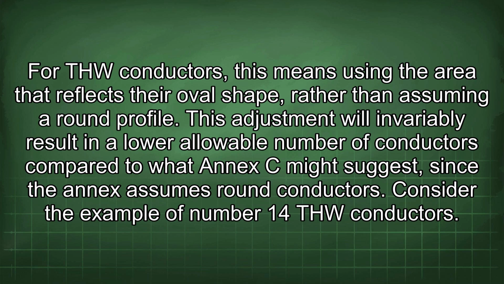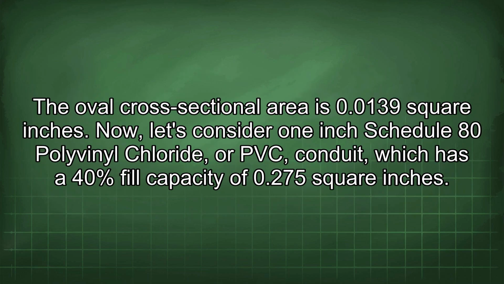Consider the example of number 14 THW conductors. The oval cross-sectional area is 0.139 square inches. Now let's consider 1-inch Schedule 80 polyvinyl chloride, or PVC, conduit, which has a 40% fill capacity of 0.275 square inches.